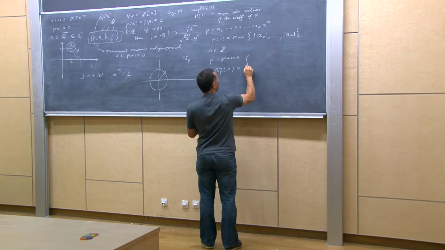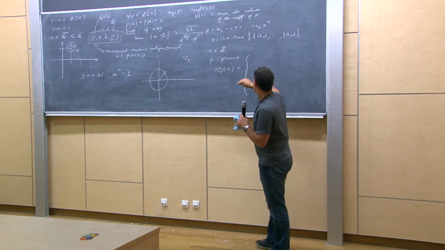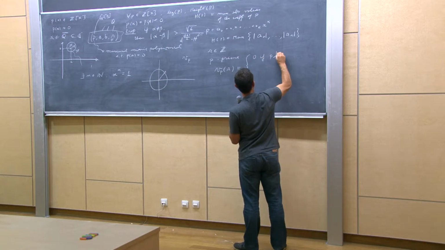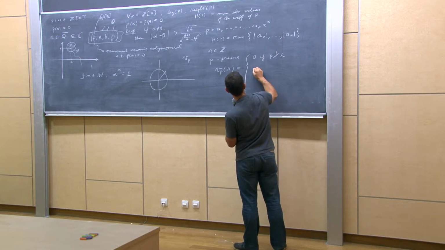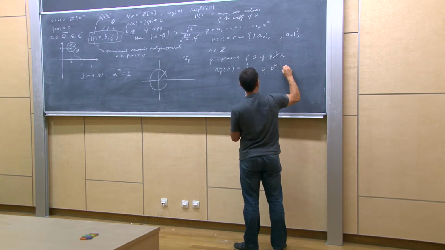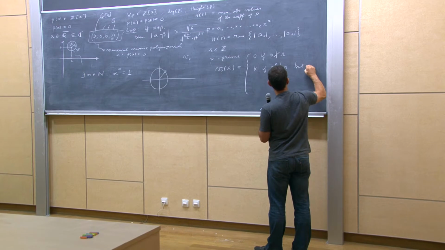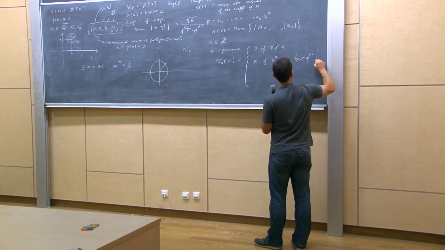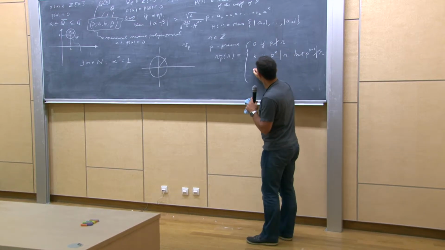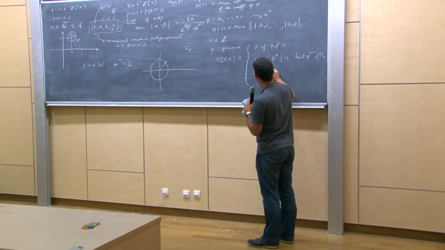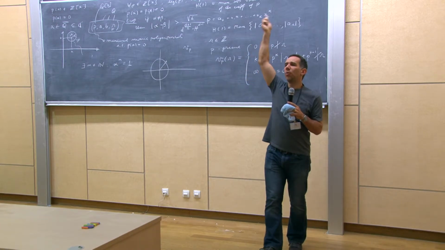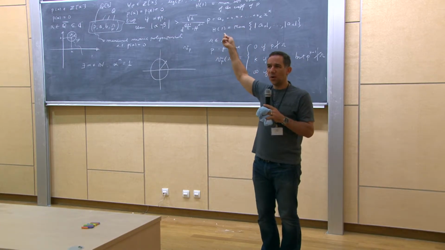The p-adic valuation of a number r is going to be 0 if the prime p does not divide r. It is going to be k if p to the k divides r, but p to the k plus 1 does not divide r. So k is the largest power of p that divides r. And it's going to be infinite if r is equal to 0, and the reason is that p to the arbitrarily high will obviously divide 0. Okay?